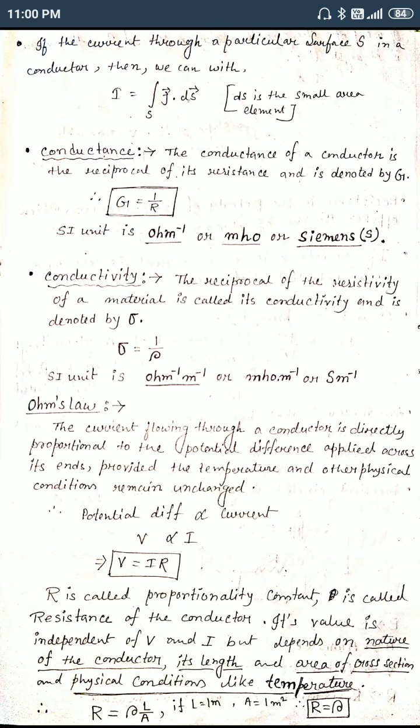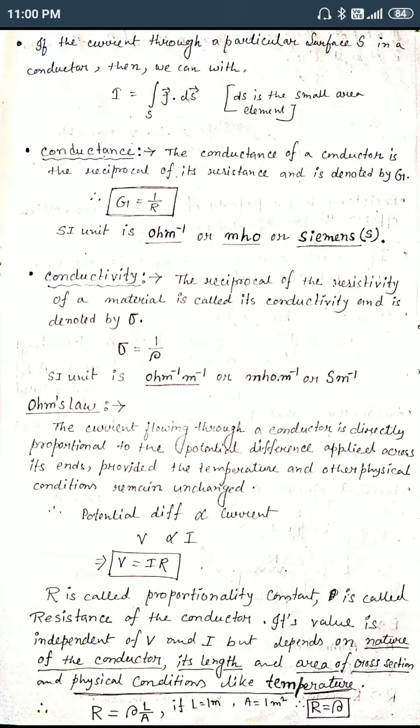And it states that the current flowing through a conductor is directly proportional to the potential difference applied across its ends, provided temperature and other physical conditions remain unchanged or constant.